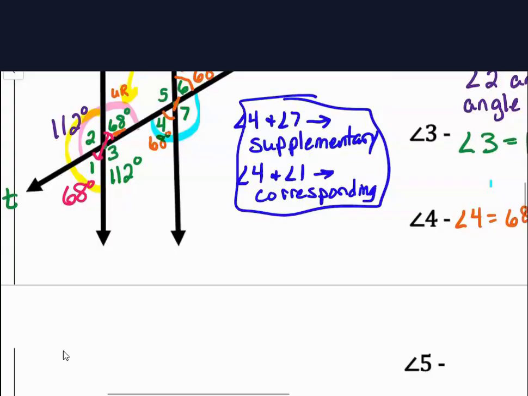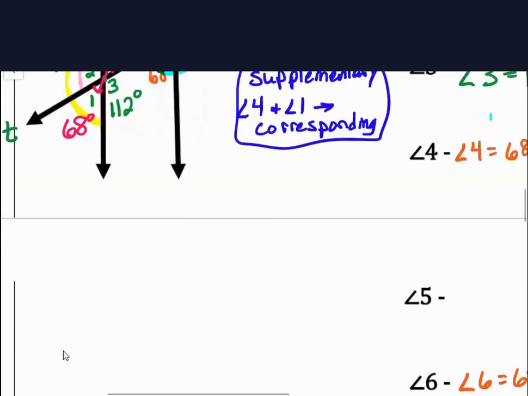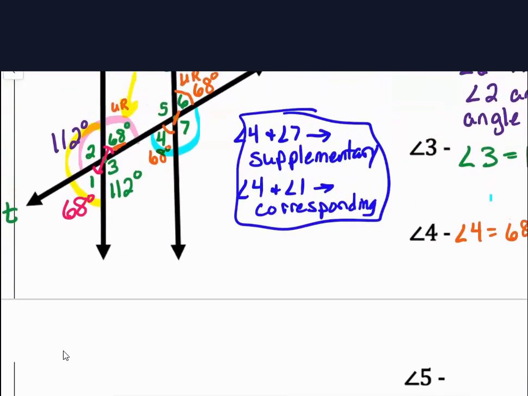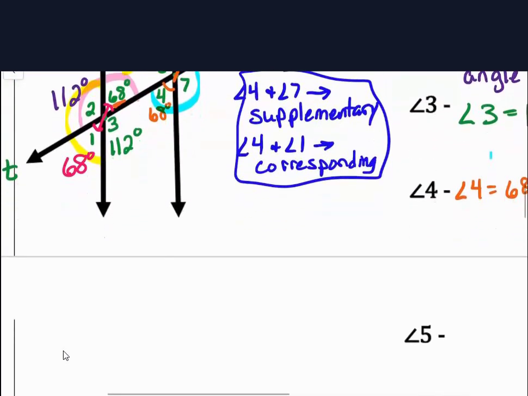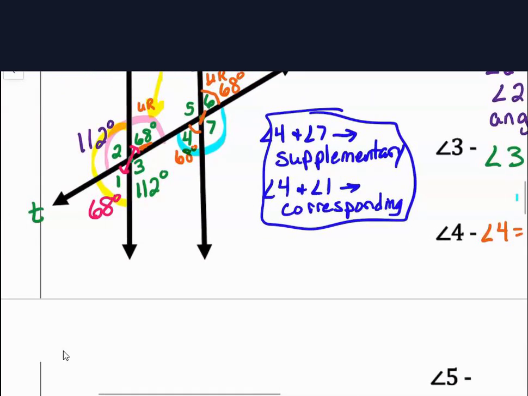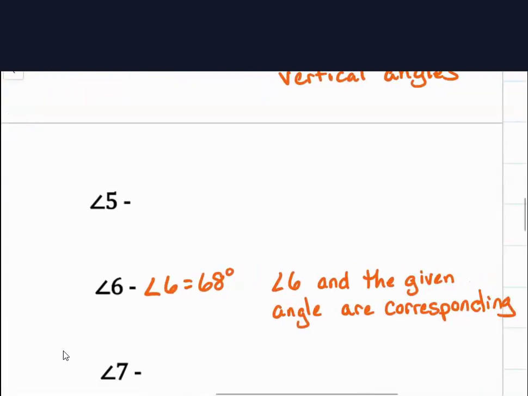Okay, what about angle 7? Oh my goodness, there's so many ways. Let's do angle 5 first. Angle 5 and angle 2 are what? Those are corresponding. So over here, angle 2 and angle 5 are corresponding.